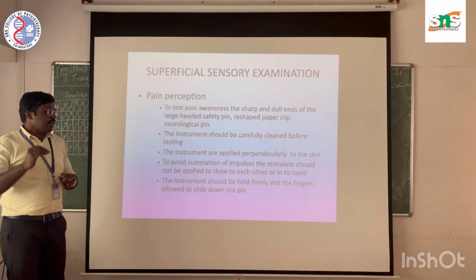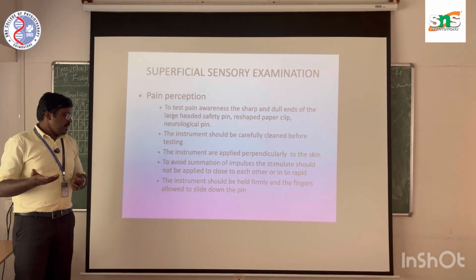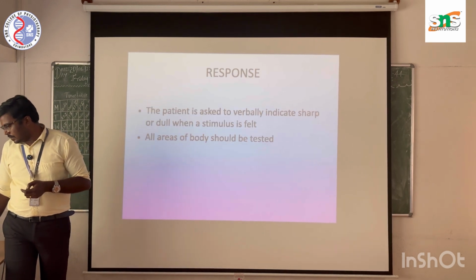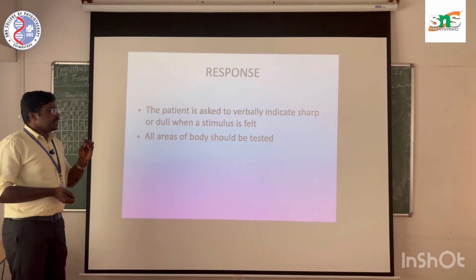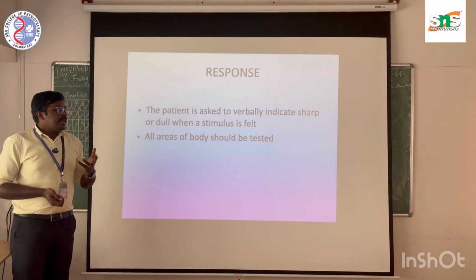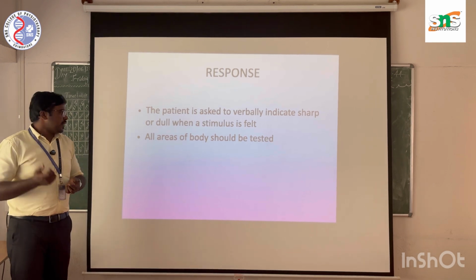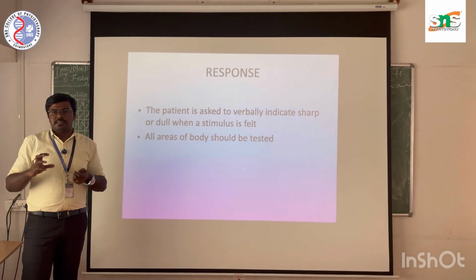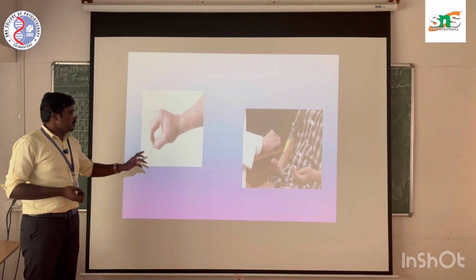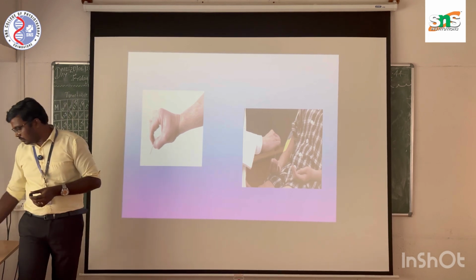To avoid summation of the impulses, the stimuli should not be too close to each other. For the response, the patient is asked to verbally indicate sharp or dull when a stimulus is felt. All areas should be tested. So these are the pins, and this is a dull object.